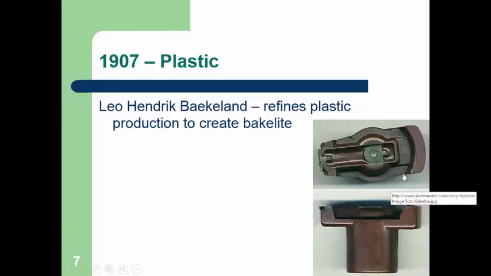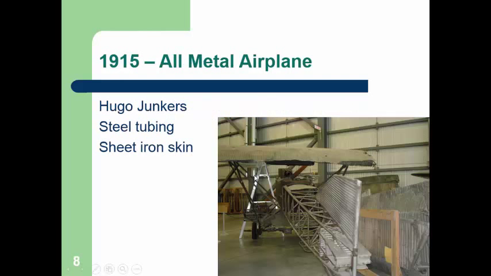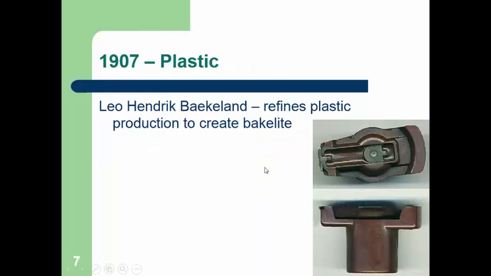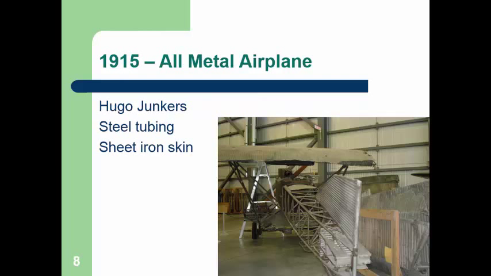Thermosets, on the other hand, you destroy them if you try to raise the temperature enough to melt them. They don't melt, they burn. So this is a thermoset material that was the first commercial plastic. Thermoplastic materials at that time had very low melt temperatures and very low strength, and were just not suitable for structural applications.